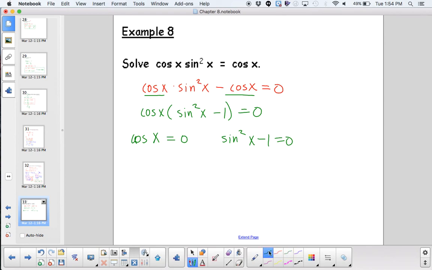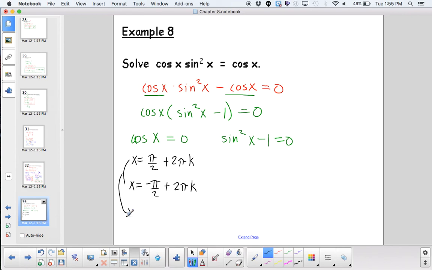And so for the first one, cosine x is equal to 0. I know that in this case, I'm going to have x is equal to pi over 2. Okay? It's also equal to negative pi over 2. You could do both of those, plus 2 pi k, but pretty quickly you'll realize these two are actually going to give you the same thing.